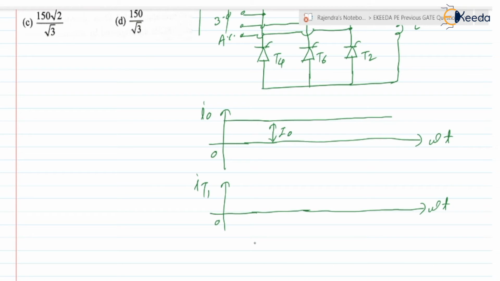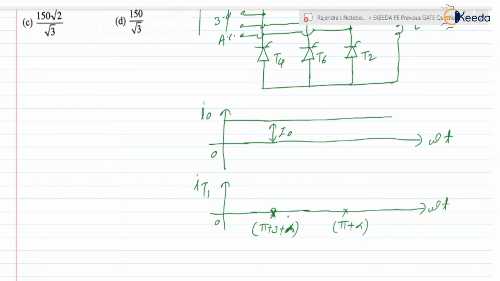Each thyristor will be conducting for 120 degree. Thyristor T1 is in the conduction mode from pi by 3 plus alpha till pi plus alpha. During this interval of 120 degree, thyristor T1 will be in the on state.